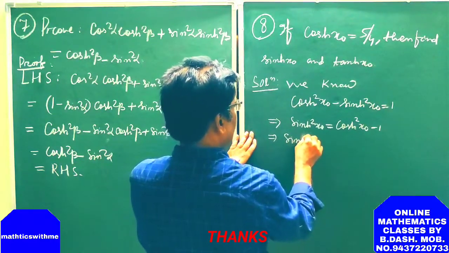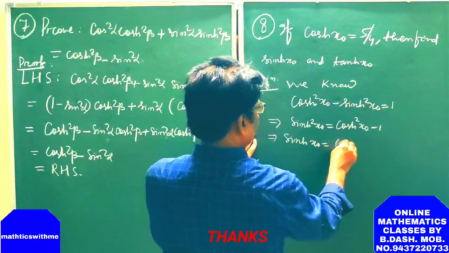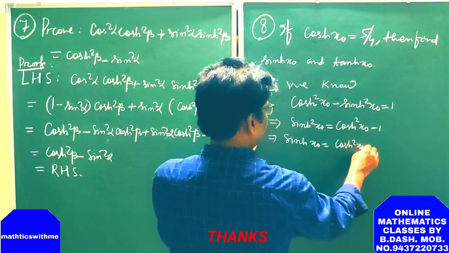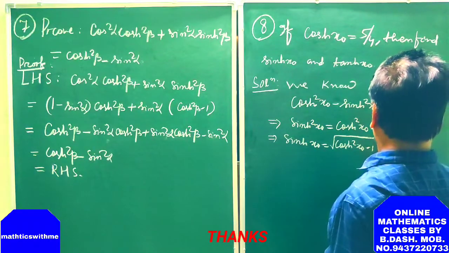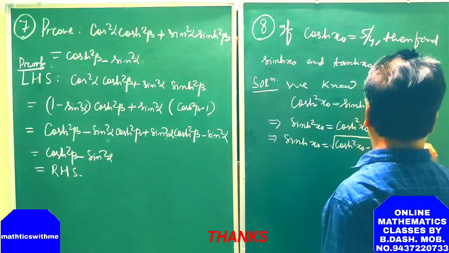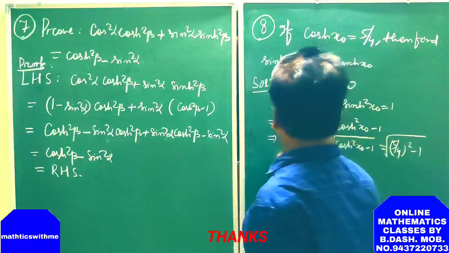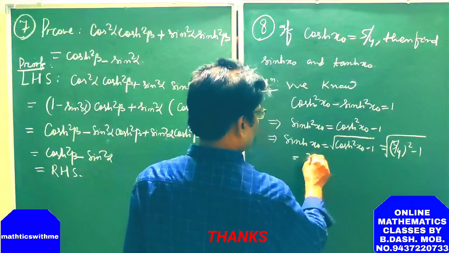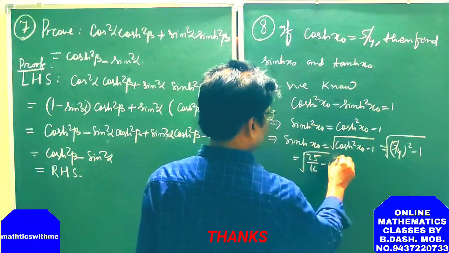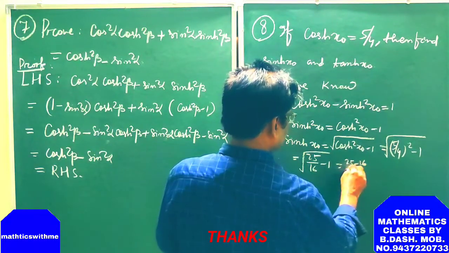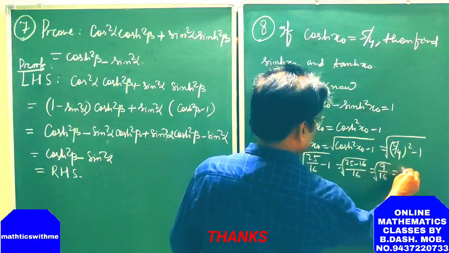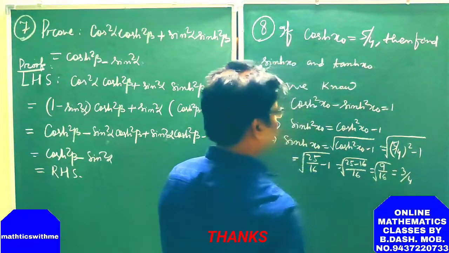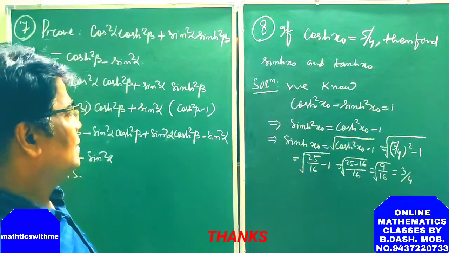So sinh x0 is equal to the square root of cosh square x0 minus 1. So this is equal to the square root of (5/4)^2 minus 1. So this is equal to the square root of 25/16 minus 1, the square root of (25 minus 16)/16, the square root of 9/16, which is equal to 3 by 4. So we get sinh x0.